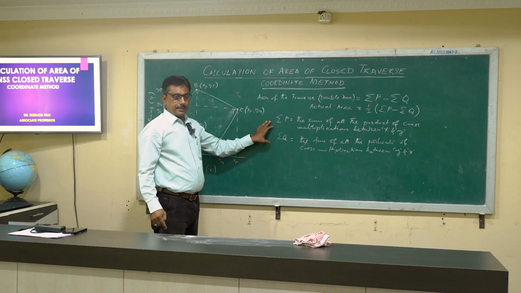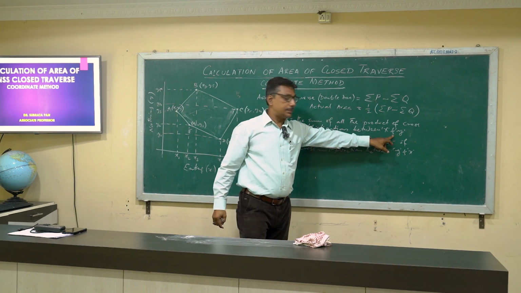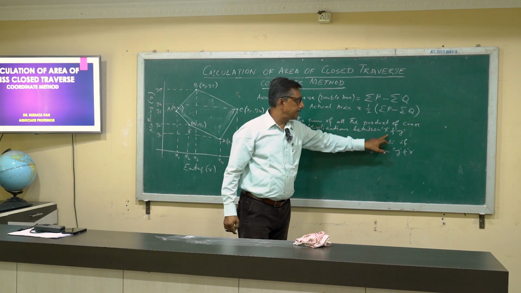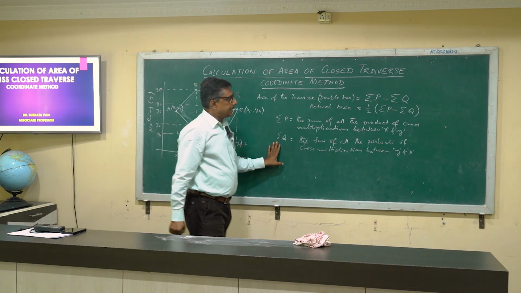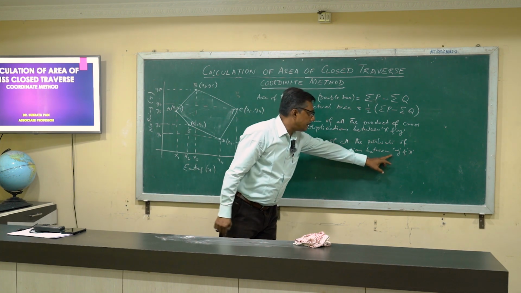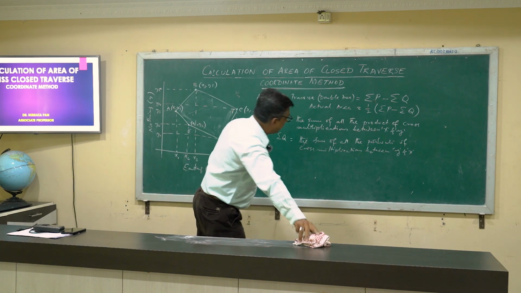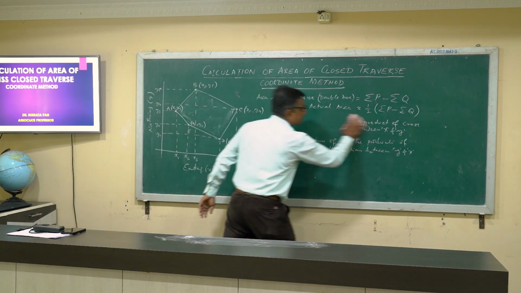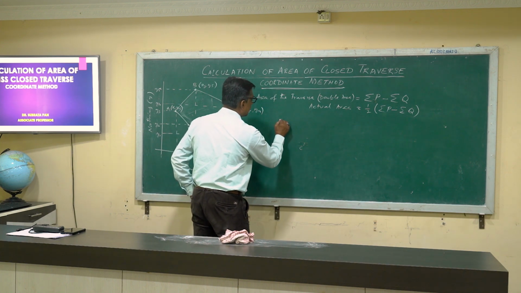Summation P is the product of cross multiplications of x and y, so it will start from x and then it is followed by y, and Q is equal to the summation of cross multiplications starting from y and then x. So it will be understood by a simple formula like this.